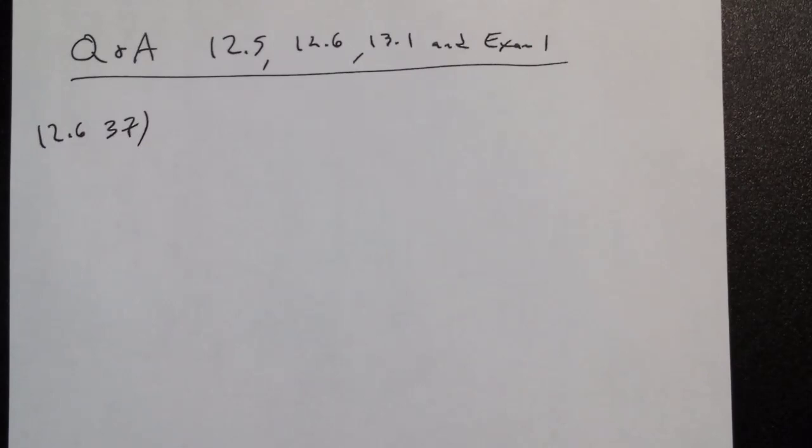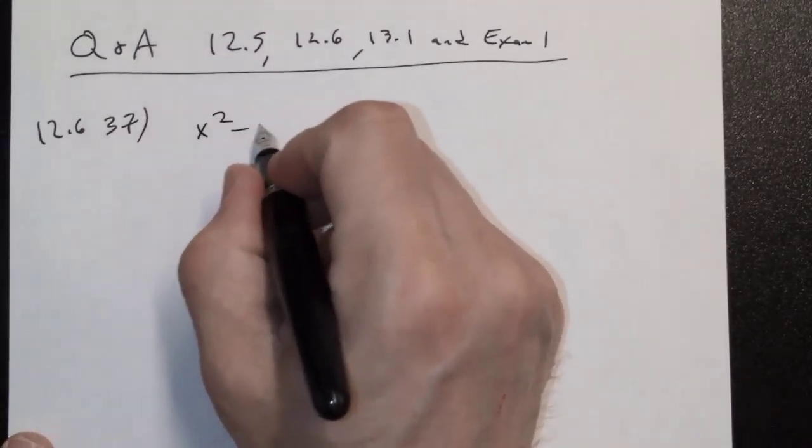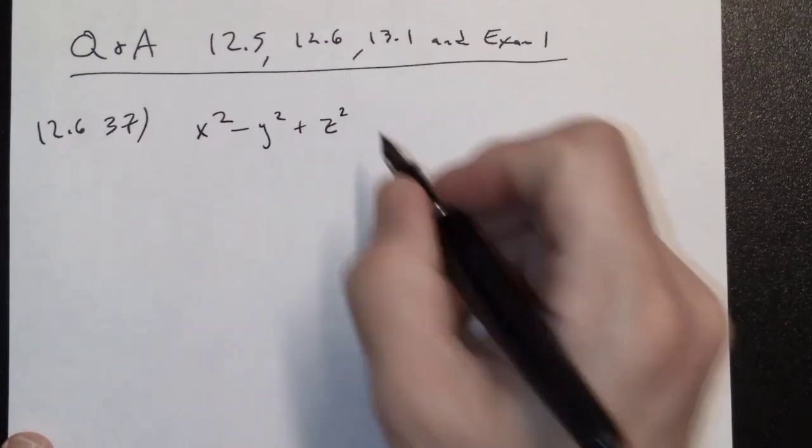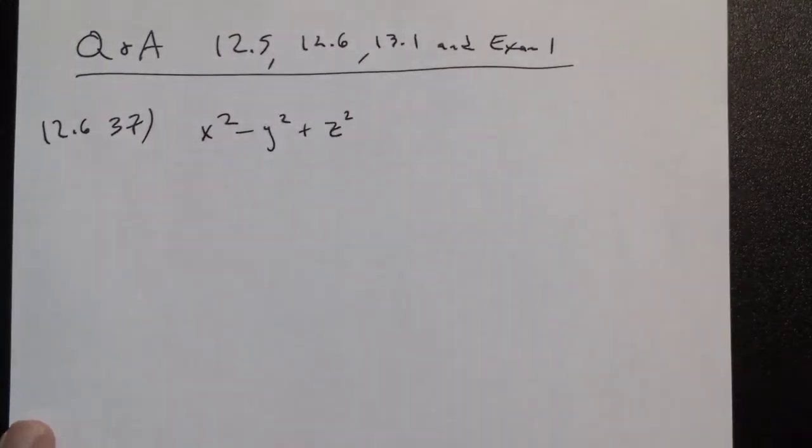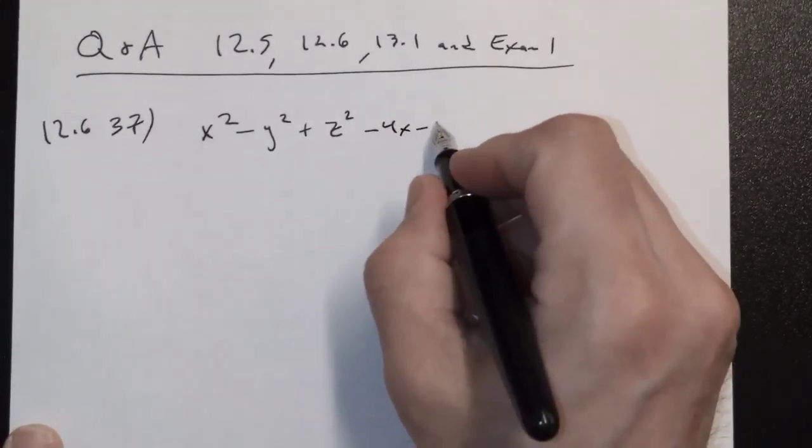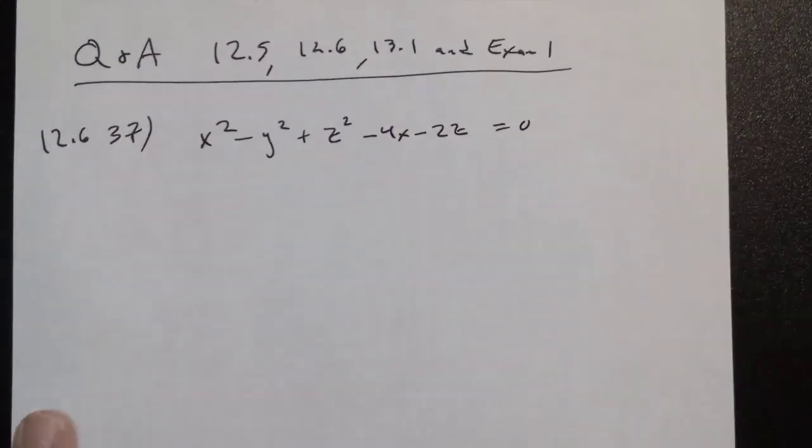The equation in question: x squared minus y squared plus z squared minus 4x minus 2z equals 0.